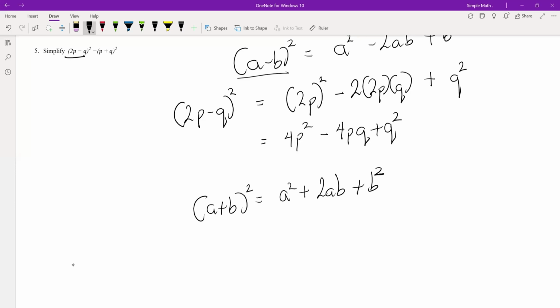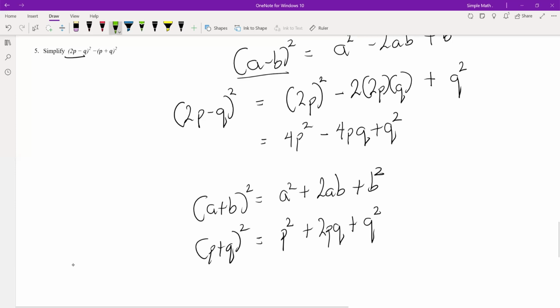So we have p plus q, we apply the same thing, all squared. It becomes p squared plus 2pq plus q squared. So now there's a subtraction sign here, so we can subtract them together. I'll put a bracket to avoid any mistakes. It's always good to do that.